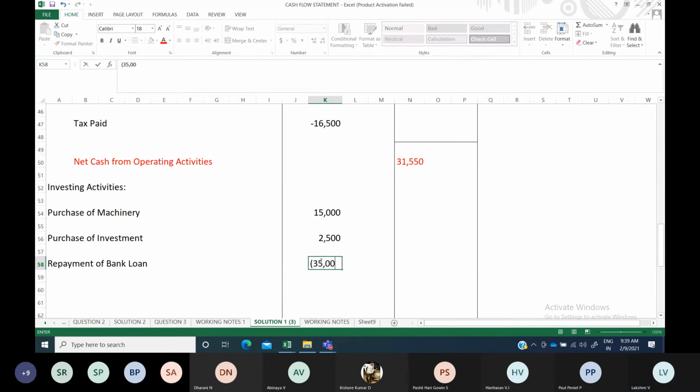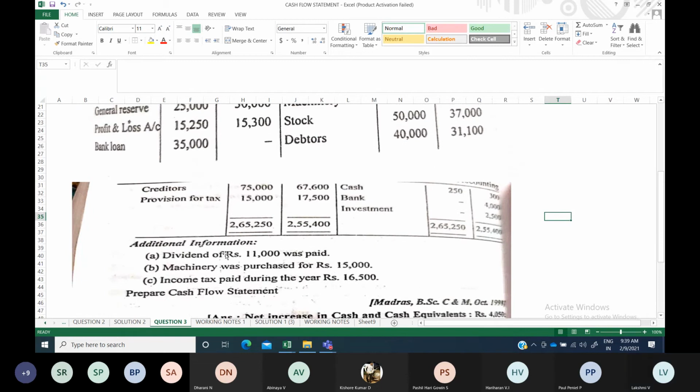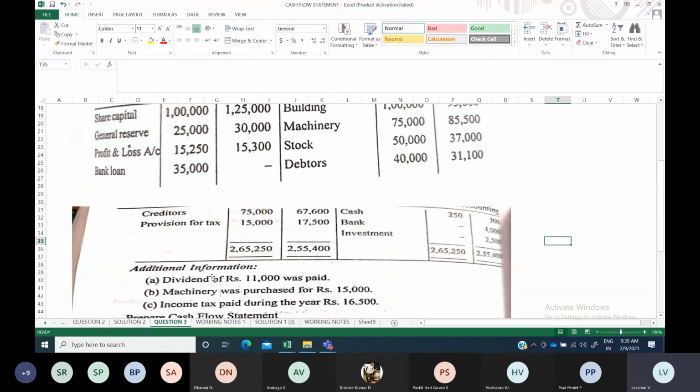Now you have to go through keenly whether any other item has been skipped. If you see, nothing else.